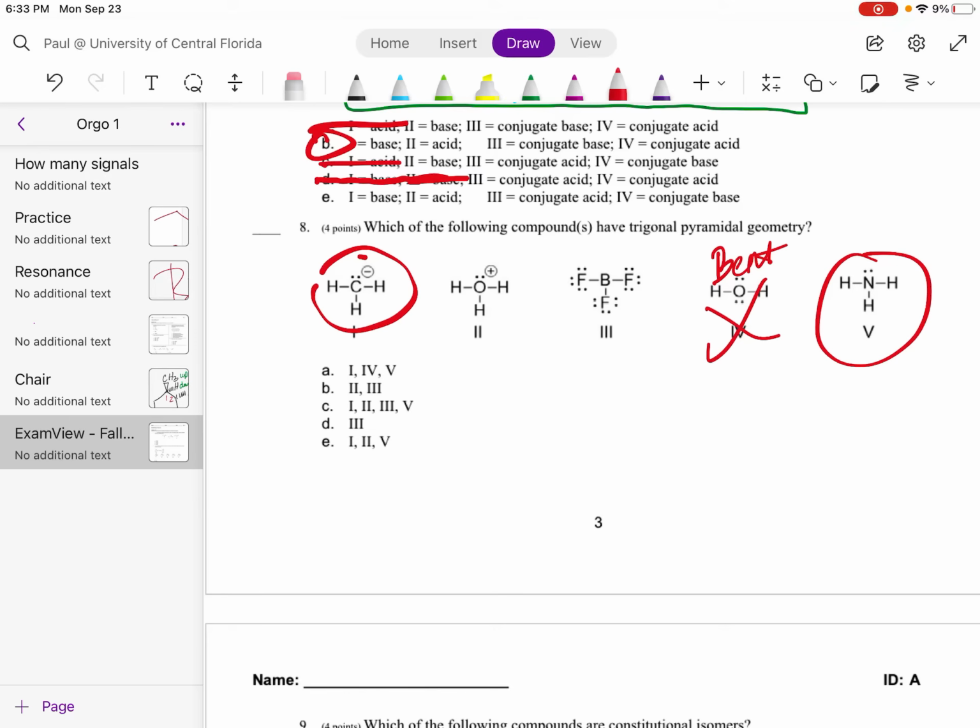And the boron species, that's trigonal planar. And hydronium, that one. 1, 2, and 4.